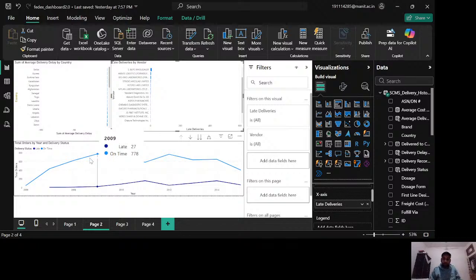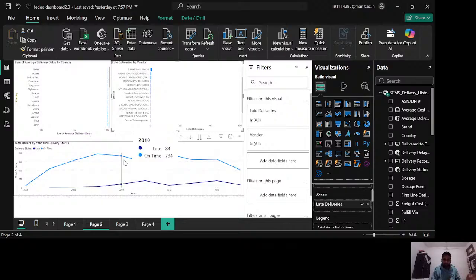So here the on-time delivery percentage has increased, while the late delivery percentage decreases.